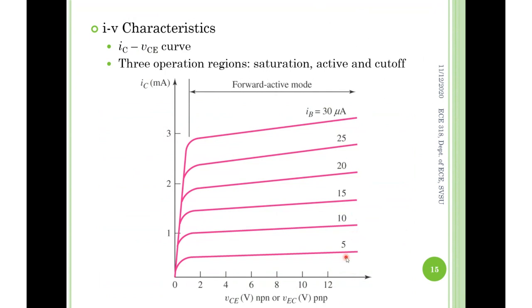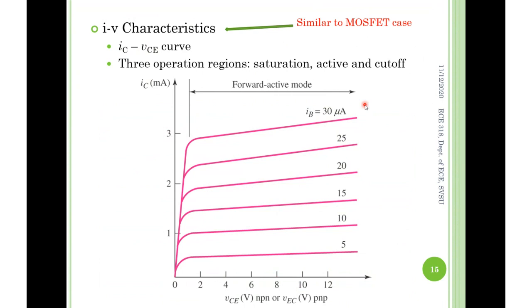Inside of this IB curve, the look is very close to that of the MOSFET. No problem. However, we have different region names, though the region locations are very close, compared to the MOSFET's curve.